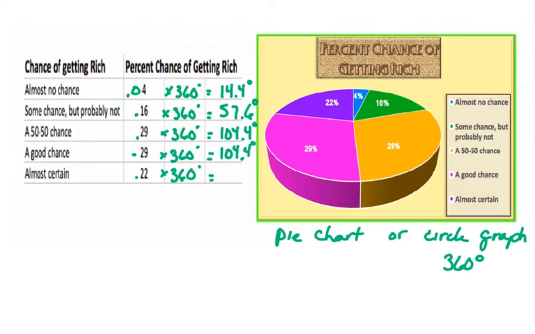And then finally, 22% is 79.2 degrees. And as a quick check, you should always add these up to make sure that they add up to 360 degrees. All right, so once you have these calculations, you would then use a protractor to make sure that wedge actually only has 14.4 degrees. The 16% has 57.6 degrees. So this would be made using a protractor.